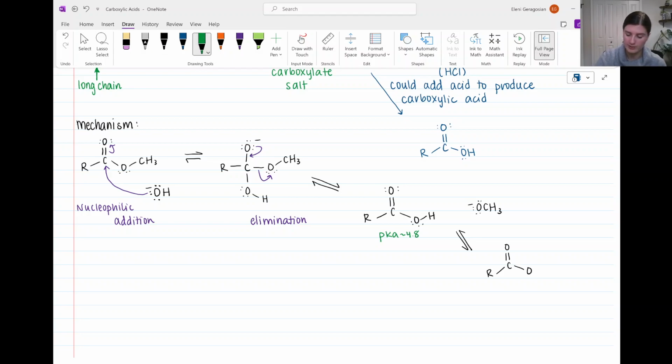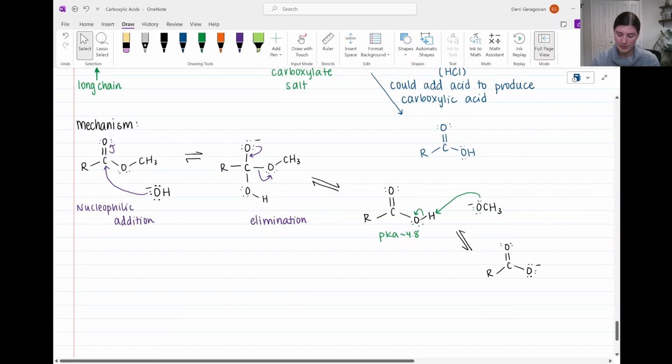Got ahead of myself. We need to draw these arrows. The methoxy group, negatively charged oxygen, will take a proton from this carboxylic acid, and that causes that carboxylic acid oxygen to become negatively charged. So we have our carboxylate, the soap, and we have CH3OH.